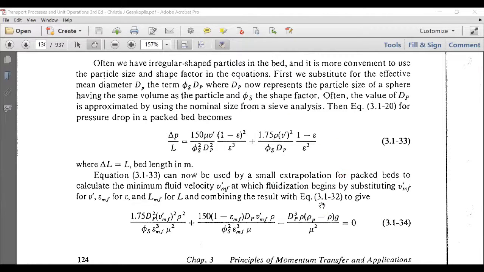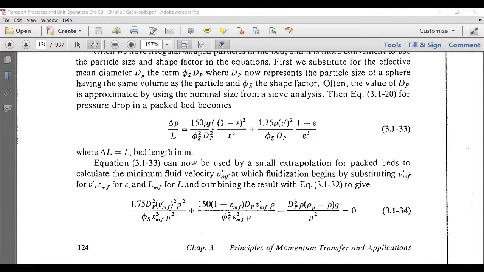Now, however, to calculate the minimum velocity of minimum fluidization, V MF accent, epsilon MF, LMF, we can change the V accent with the V MF accent, and we can change the epsilon with the epsilon MF.